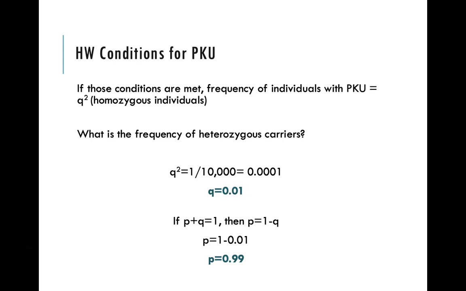Instead, we're going to use the idea that p plus q equals 1, therefore p equals 1 minus 0.01, and therefore the p-value, or the frequency of the dominant allele, the normal allele, is 0.99.